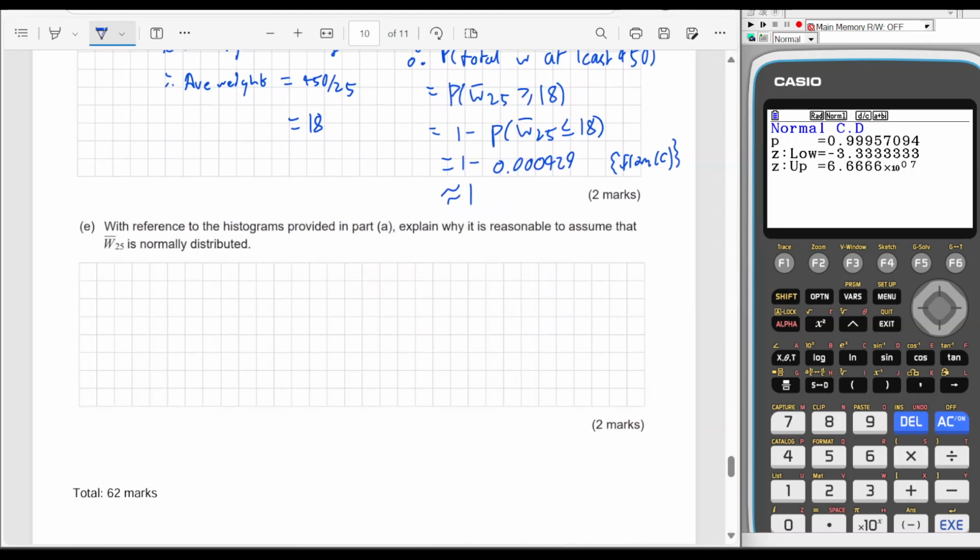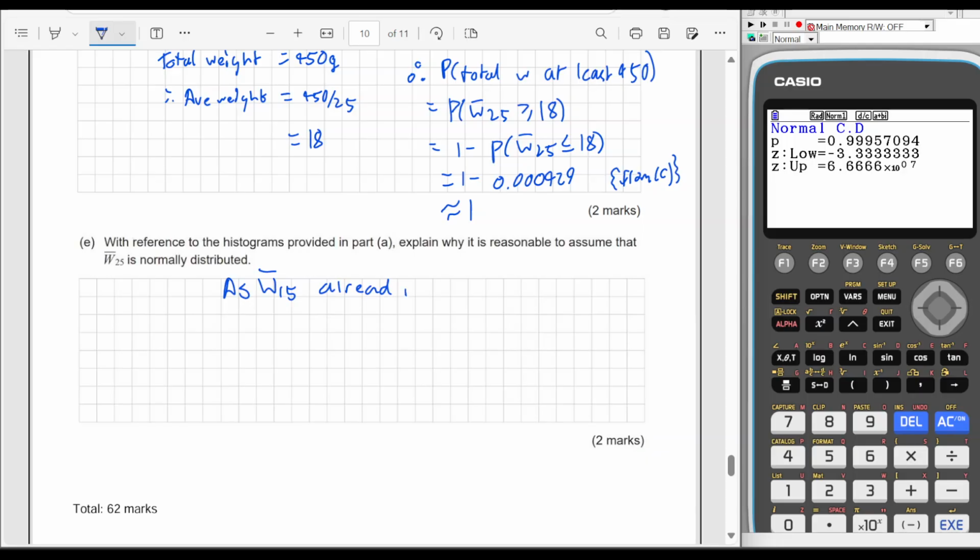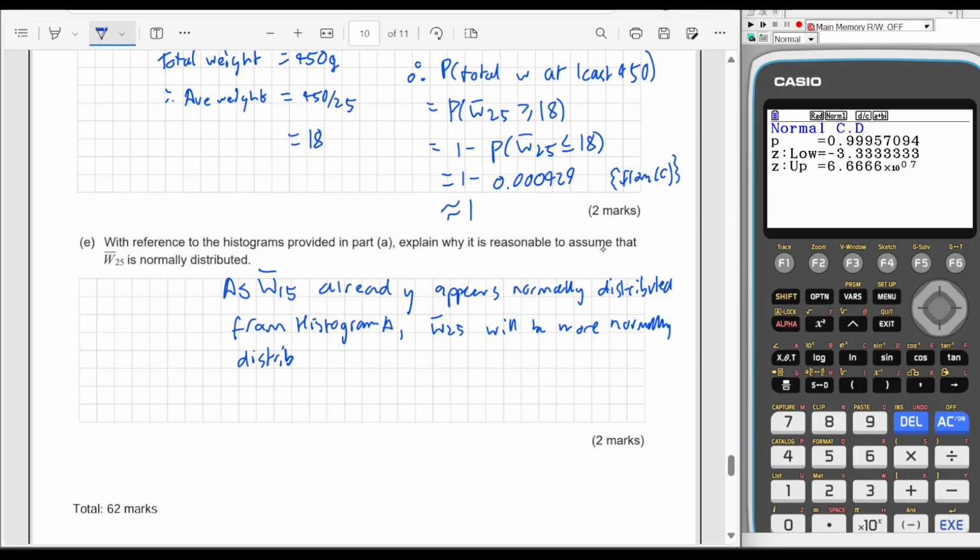Now, why is it normal? As W bar 15 already appears normally distributed from histogram A, W bar 25 will be more normally distributed by the, and you have to say this, central limit theorem.